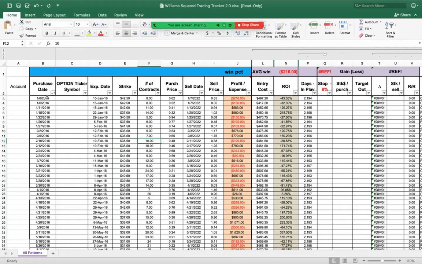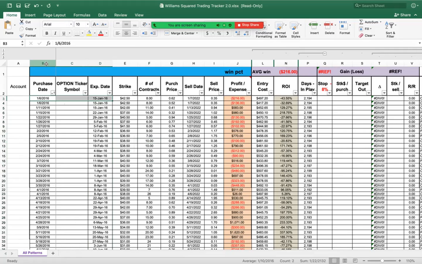So literally I'm going back in onDemand on Thinkorswim, going back to January 2016, looking at the trades to see exactly what the market was doing at that time. As you can see, these are the trades I'm tracking. They're all either a call or a put option.